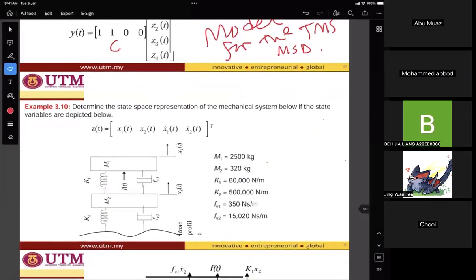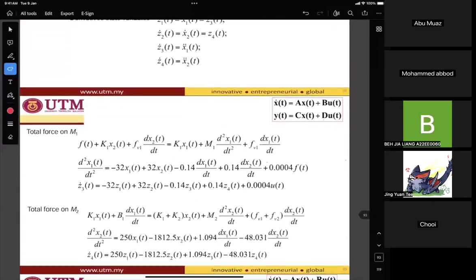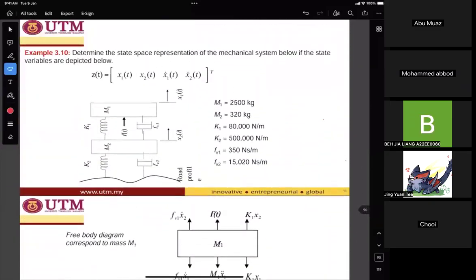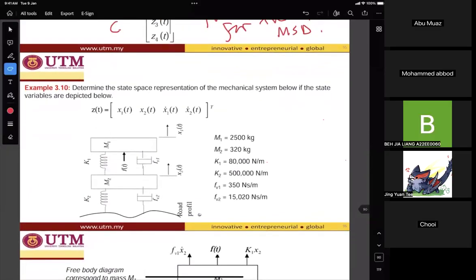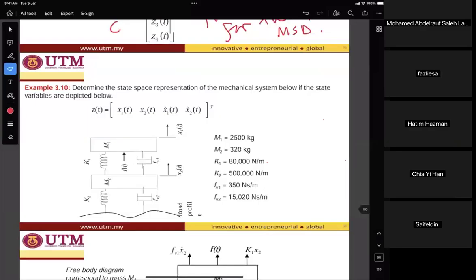Another example here. Okay. Saifuddin, are you coming? Yes, sir. Okay, read the question. Determine the state space representation of the mechanical system below if the state variables are defined below: z(t) equals x1(t), x2(t), x1 dot(t), x2 dot(t), transpose.